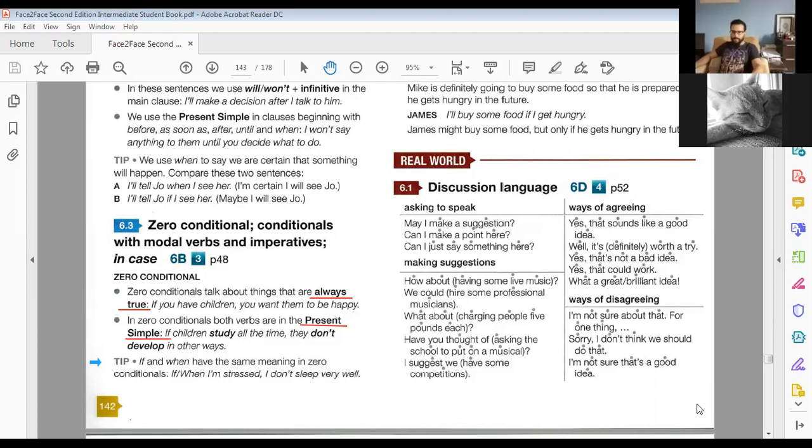If and when have the same meaning in zero conditionals. If when I'm stressed, I don't sleep very well. All right, so in zero conditionals, if and when don't have much difference. They're the same. Okay, let's move on. Let's check the other tips.